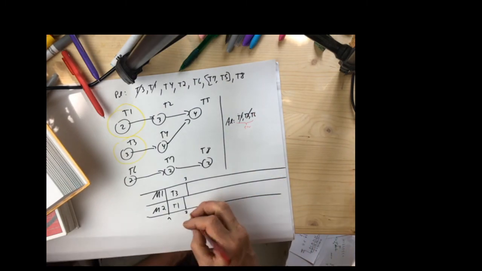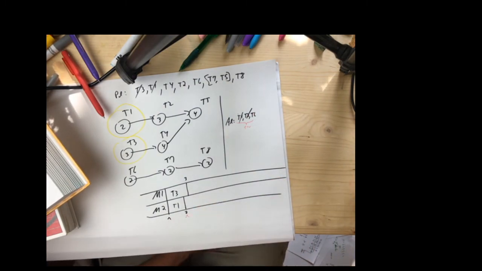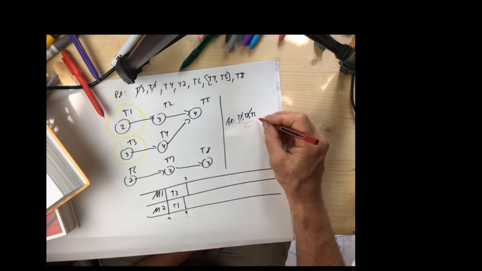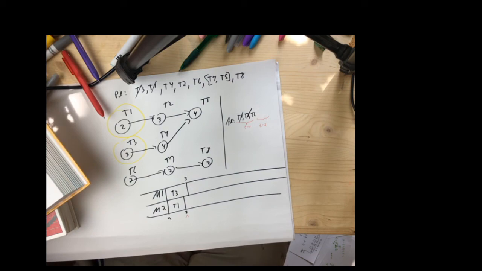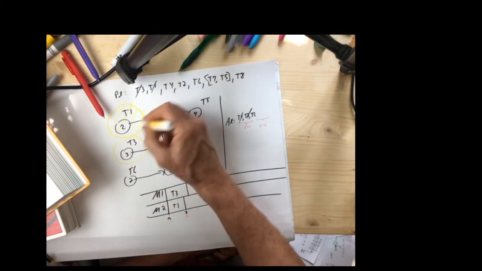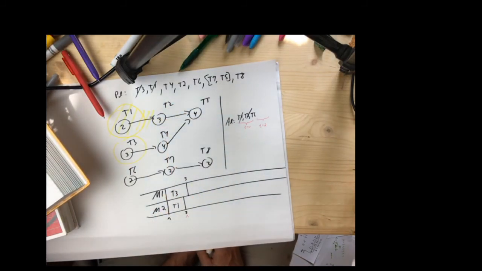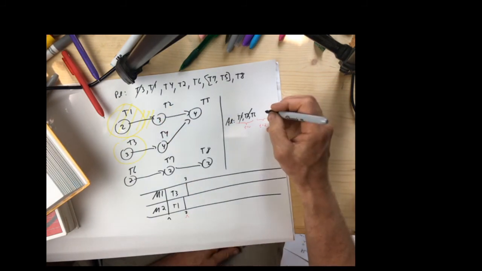Well, the next stoppage time, the person that wakes up the boss, is at time equals 2. So, time equals 2, something happened. Well, what happened is T1 finished, having been worked on by machine 2. And when T1 finished, a new job became available, T2.